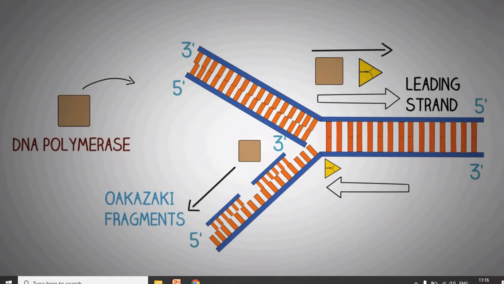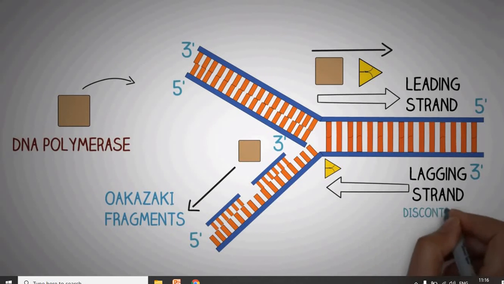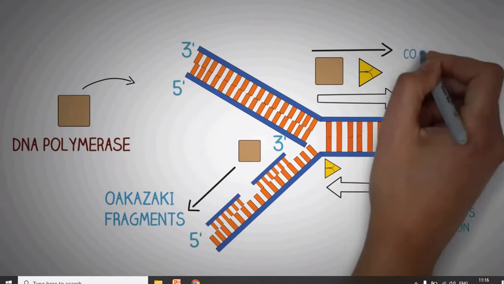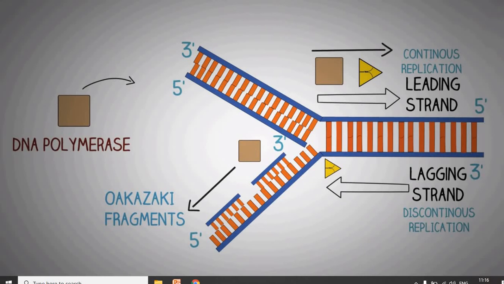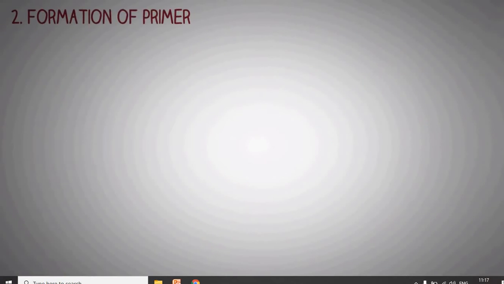These fragments are later joined by a different enzyme to produce one continuous strand. Due to this reason, the opposite strand is known as the lagging strand, and the replication on the lagging strand is discontinuous replication as compared to the continuous replication on the leading strand. Now we will take the leading and the lagging strand separately and understand the process of DNA replication further.